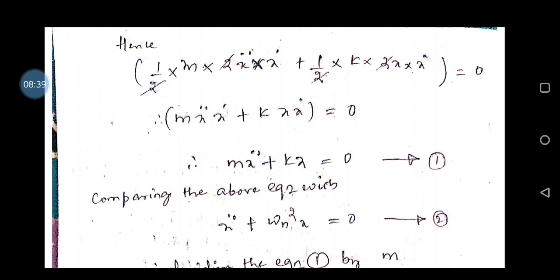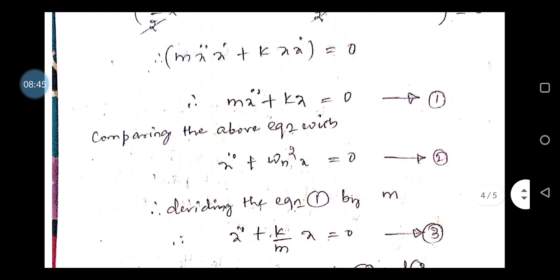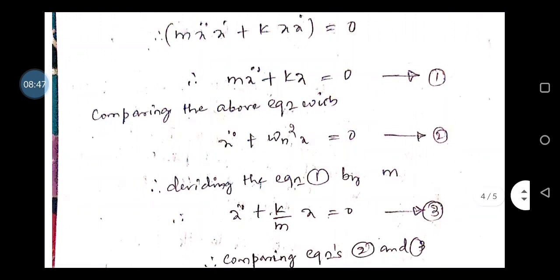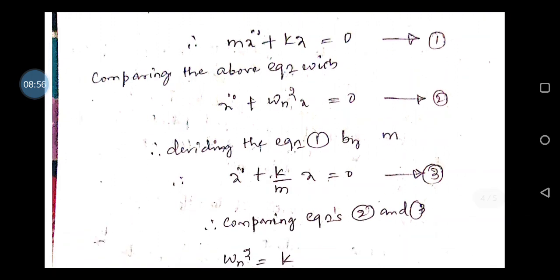If I take the x dot outside, then the remaining term will be m x double dot plus k x is equal to 0. Comparing the above equation with the standard equation, that is x double dot plus omega n square into x is equal to 0, and dividing equation 1 by m, we arrive at x double dot plus k by m into x is equal to 0.